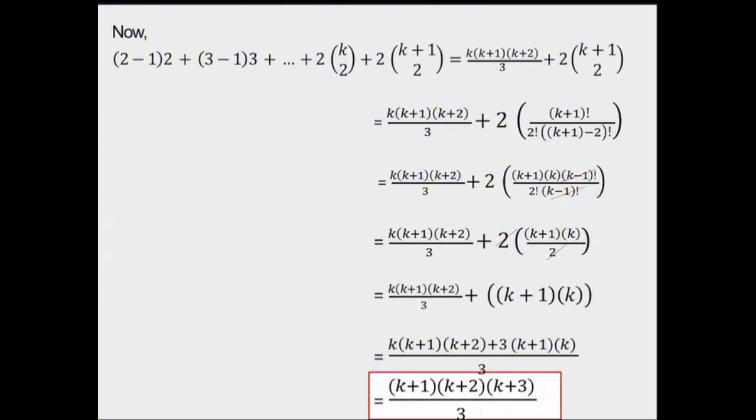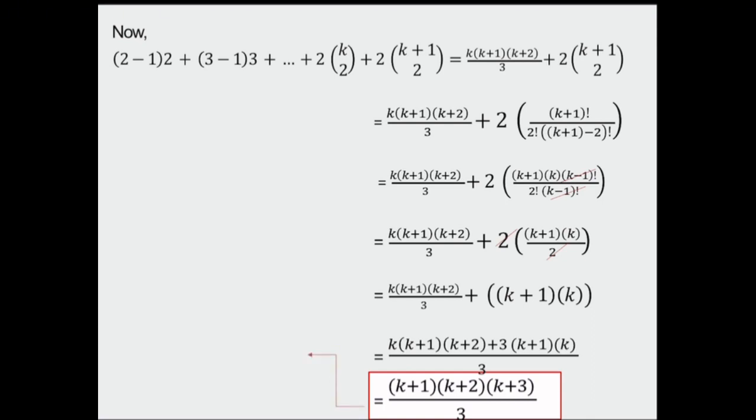Common denominator, which is 3, then we have k times (k plus 1) times (k plus 2) plus 3 times (k plus 1) times k all over 3. Getting the common factor, we have (k plus 1) times (k plus 2) times (k plus 3) all over 3.